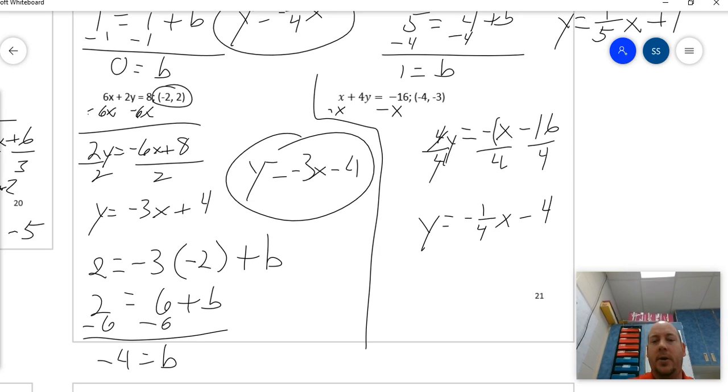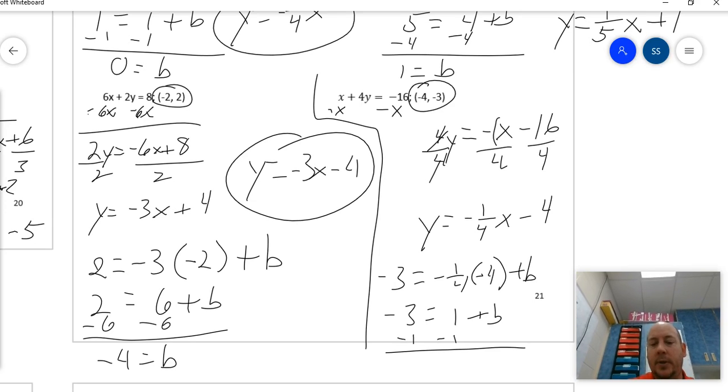Let's figure out our y-intercept, right? So plug your numbers in. Y value is negative 3. Negative 1/4. Your x value is negative 4. And we're solving for b. Simplify that. That's positive 1. Take away 1 from both sides. Negative 4 would be equal to b. So your equation would be y equals your slope of negative 1/4 x minus 4.